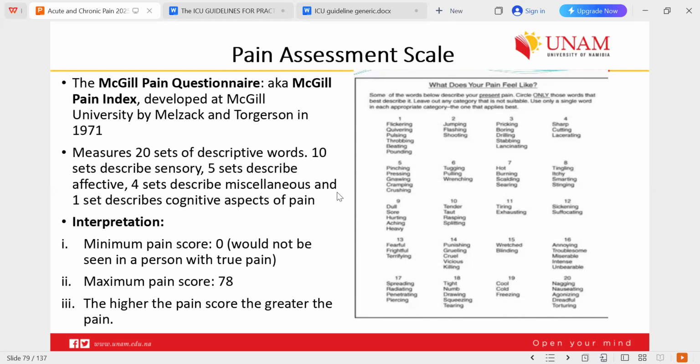It is usually used for chronic pain. A minimum pain score of 0 will not be seen in any person with true pain, obviously, and we have a maximum pain score of 78.